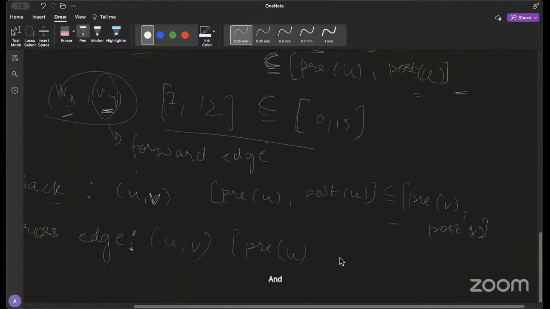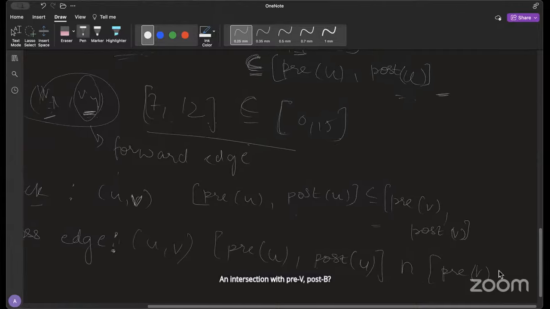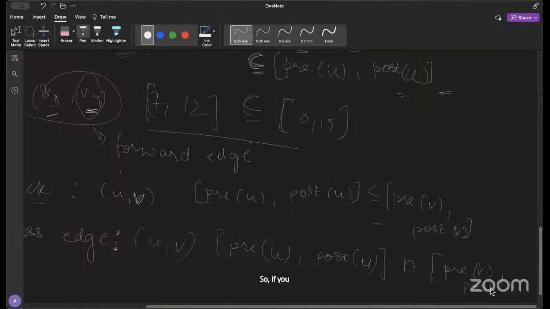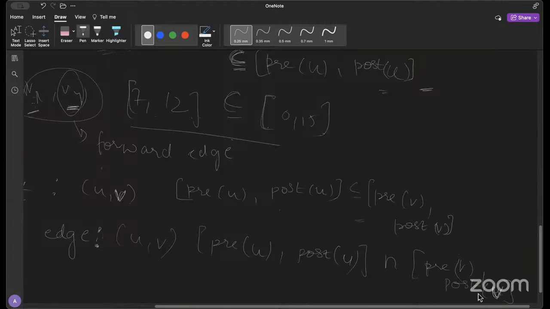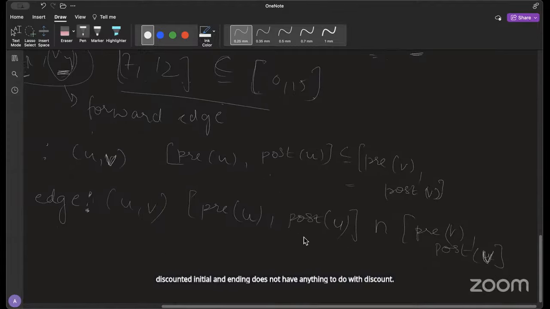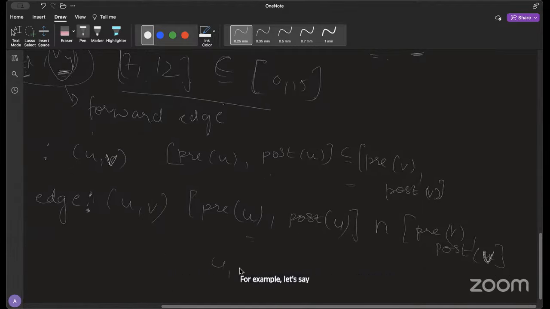And in the cross edges, you have the intersection of pre-U, post-U with pre-V, post-V empty. So if you have this intersection empty, that means this counter, initial and ending, does not have anything to do with this counter. For example, let's say you have UV, and U is the interval 0 to 5, and V is from 6 to 7.